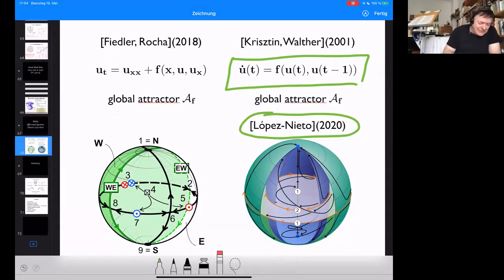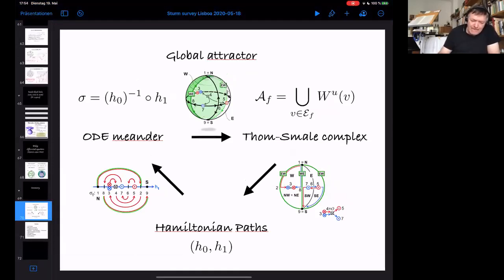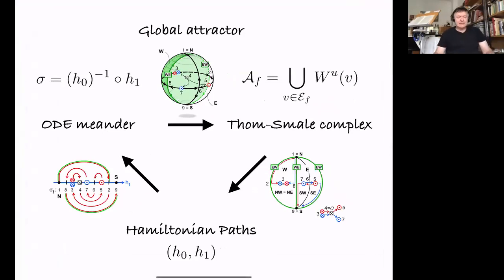So to summarize, we went in a triangle. In a triangle where we were talking about meanders, which after a while became ordinary differential equations meanders, positive meanders. And we saw how to pass to Thom-Smale complexes. And in the end, I explained to you how to pass back from Thom-Smale complexes to the meanders.